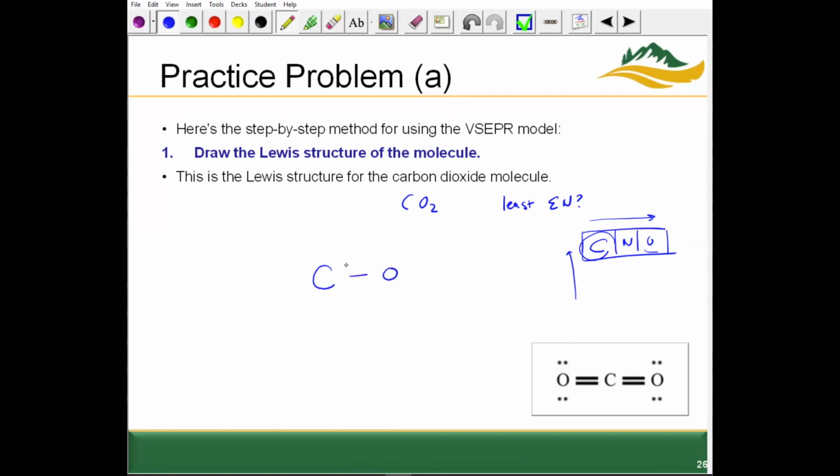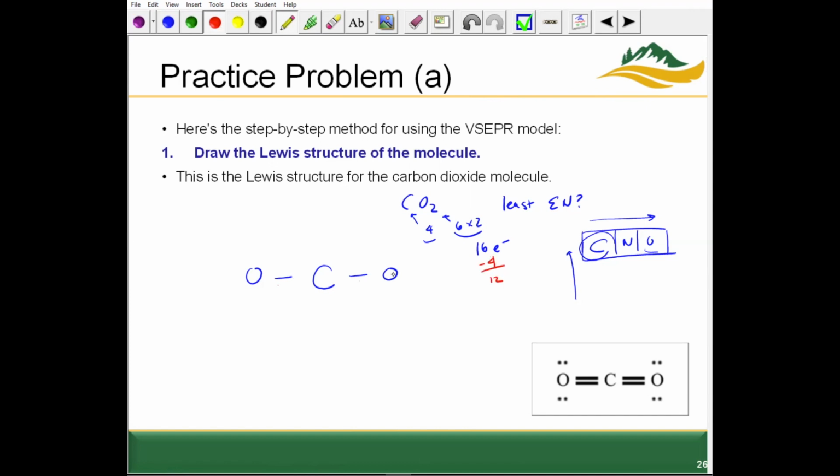Then 2 oxygens on the side. The total number of valence electrons we can use here for carbon is 4. For oxygen, that's 6. There are 2 of them, so 6 times 2 is 12 plus 4. We have 16 electrons we can work with in this molecule.